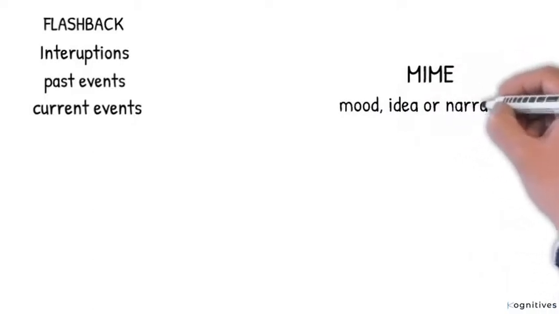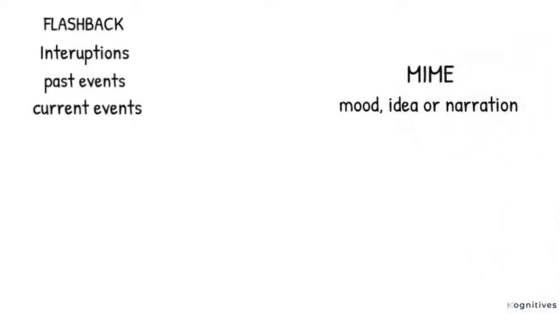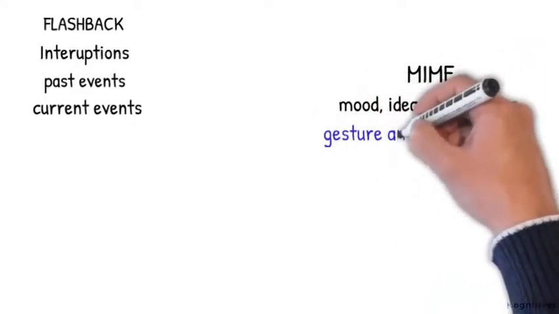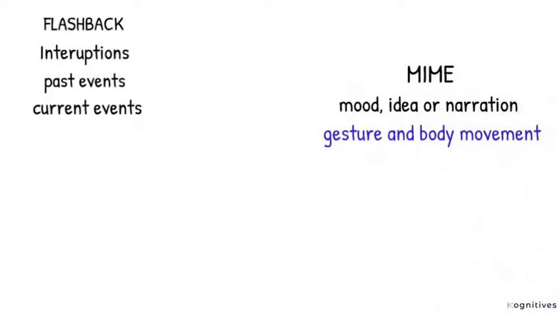Number four, mime. Mime is a demonstration play which does not require dialogue or speech. It is the act or technique of portraying a character, mood, idea, or narration by gestures and bodily movements.